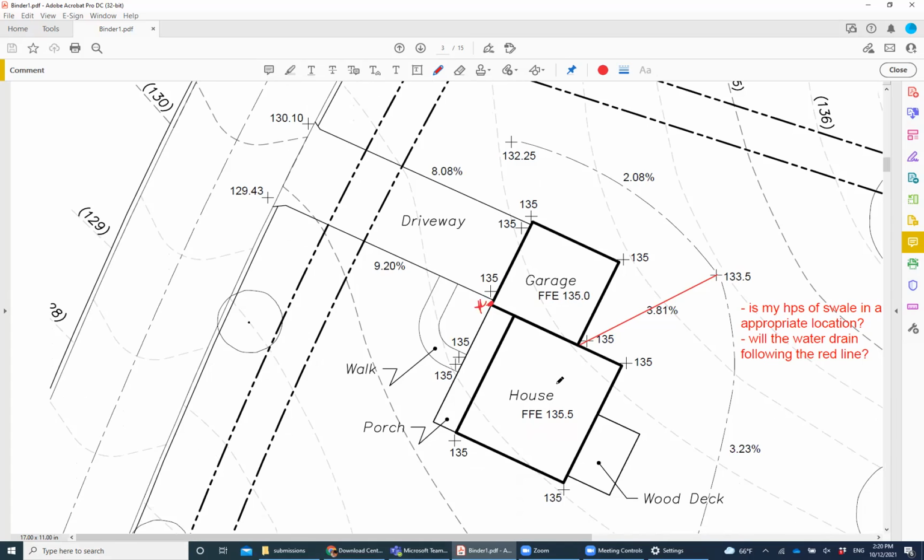Okay, and for the porch, the ground elevation we talked about needs to be outside. Again, my pen is not accurate enough, but you get the idea. If you want to design the porch to be flat, it needs to have an FFE. If you want to design for it to be sloping away, then you would need one here, one here, one there, and one there.